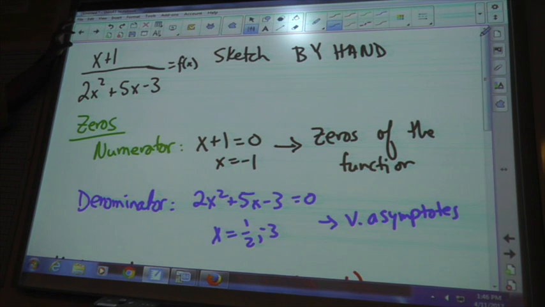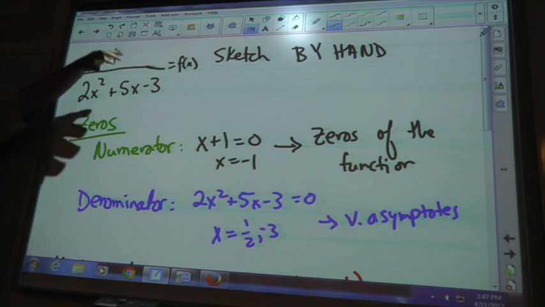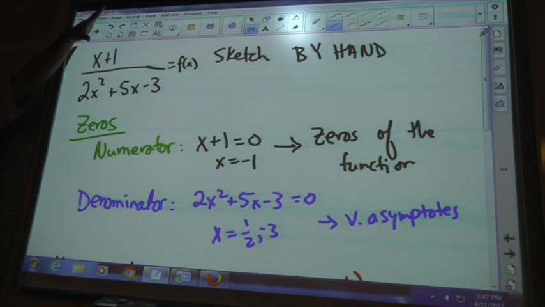But all I care about is the sign, right? So the top is positive. The bottom is going to be 2 plus 5 is 7. Minus 3 is 4. That's positive, right? 2 divided by 4 is positive.